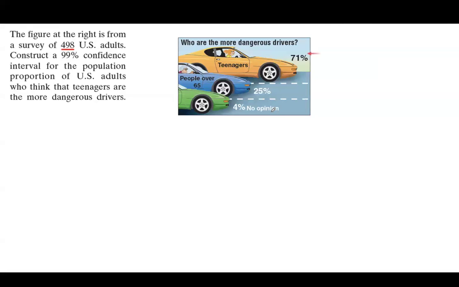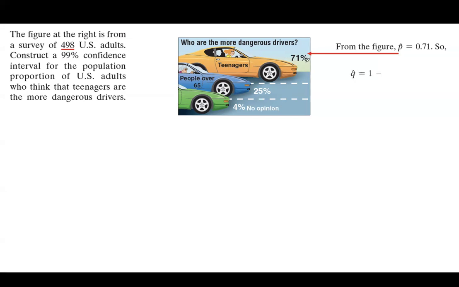So from the picture, we know p hat is equal to 71%. That is given to us. P hat, or the proportion of successes, or the proportion of people who said teenagers are more dangerous drivers, is given in this picture to us, 71%.